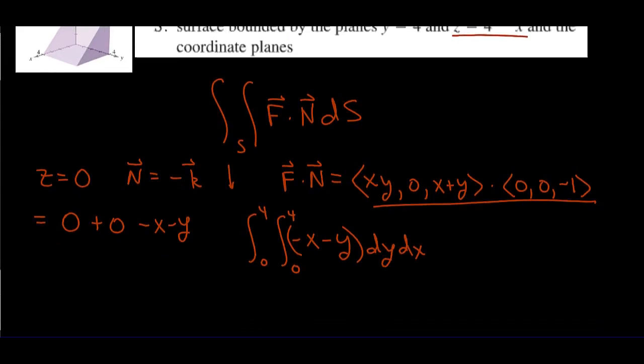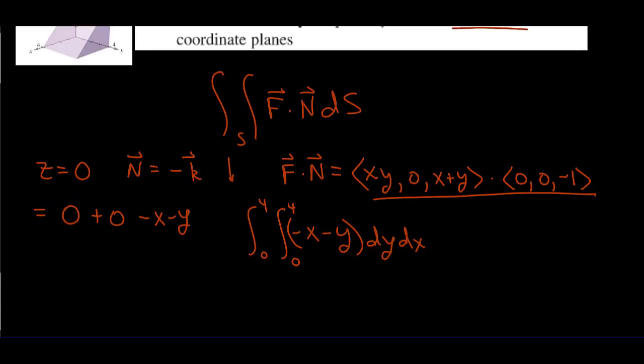Order's not going to matter at all in this one. If you work this out, integrating the way you would normally, what you're going to get is negative 64. You can check that out if you want to run through the integration and make sure it matches.